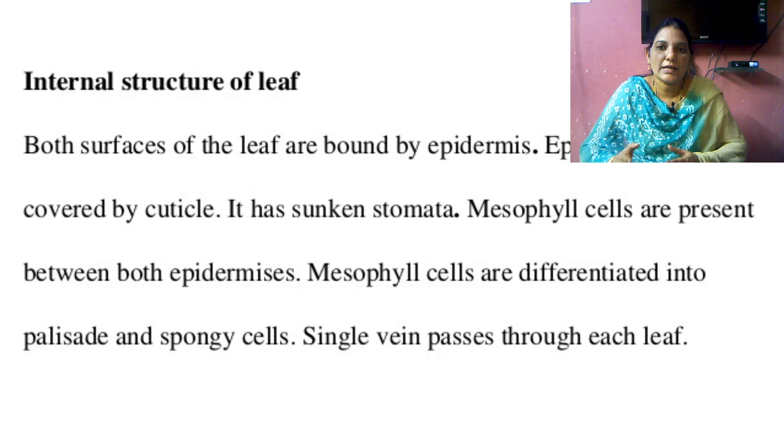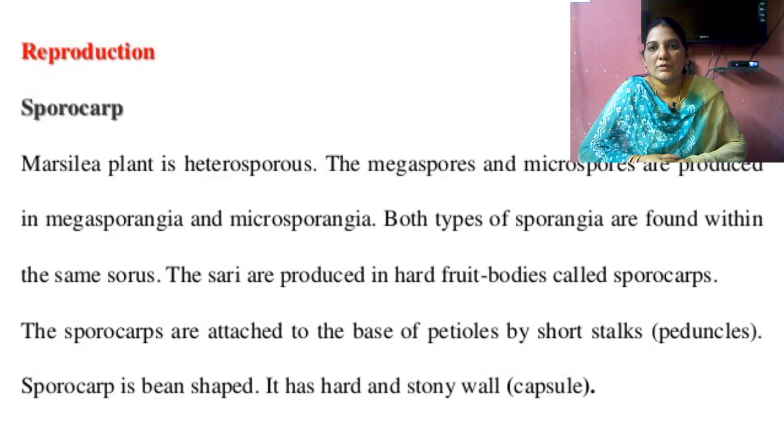Small bean-shaped structures are present at the bottom of the leaf petiole. Those parts are called sporocarps. Now the internal structure of the sporocarps.